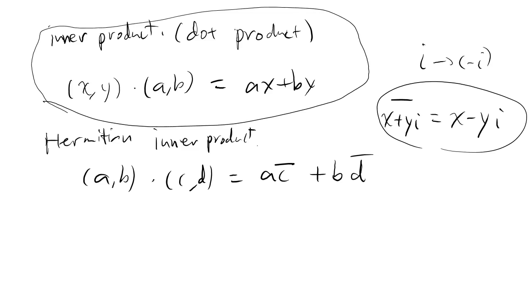All right. So hopefully at least you've seen this one here. And again, we're going to talk about its properties. What are the properties of a dot product or inner product?